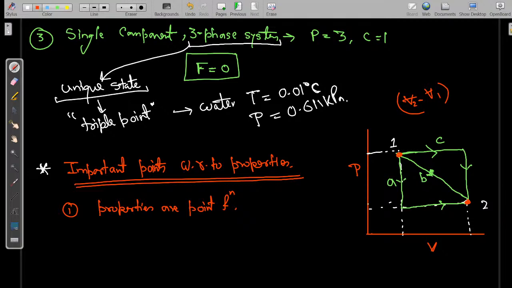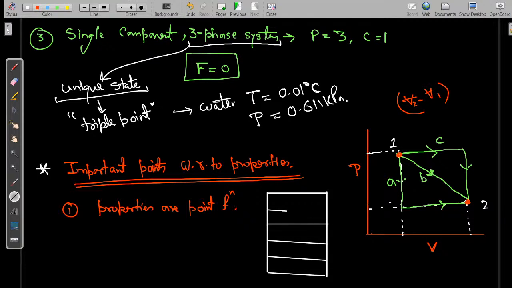Let me give you another example. Let us say there is a building. You have a building. Let us say it is a 3-story or 4-story building. Now you have a bucket of water at the ground.